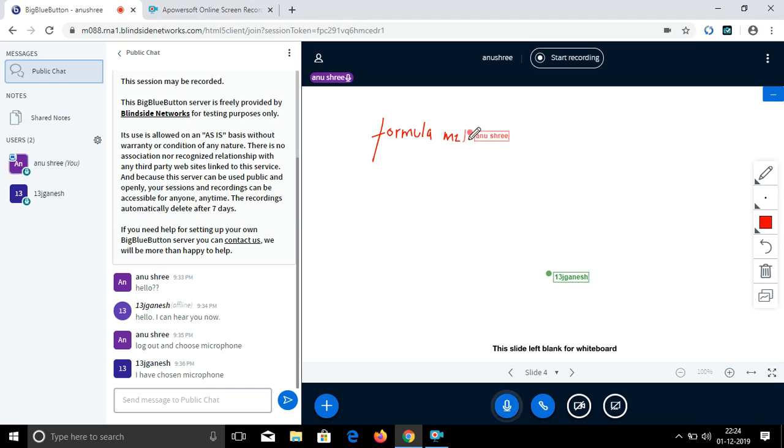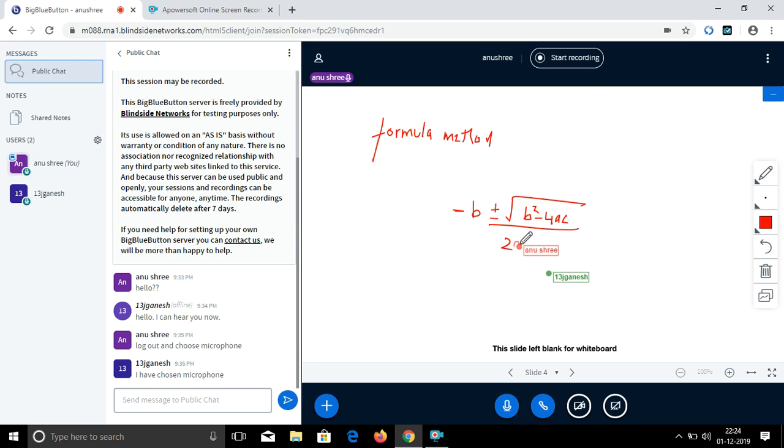Do you know the formula for calculating a quadratic equation? No, I don't know the formula. Okay, so let me tell you. The formula is minus b plus minus root b squared minus 4ac over 2a.